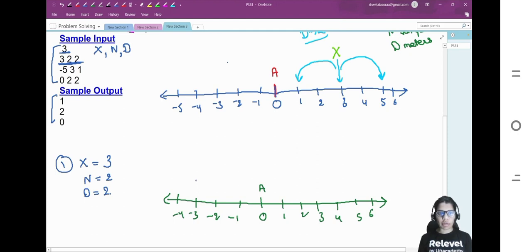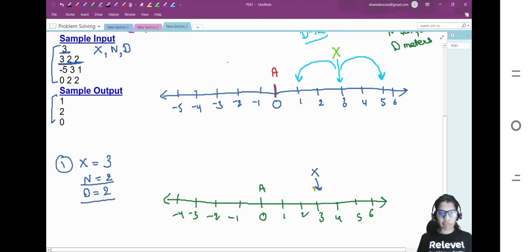As we have to find the minimum distance between Alice and Bob, right now, as you can see, X is 3, so Bob is here. To find the minimum distance, we would always move Bob towards Alice, that is towards the origin, which is your 0. So we can take two steps here of distance 2.